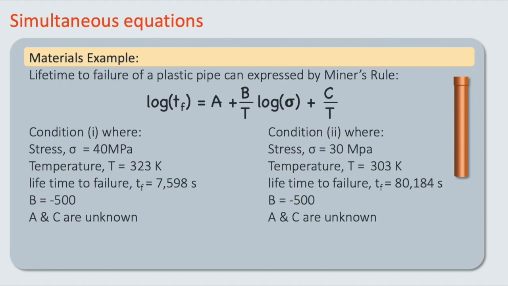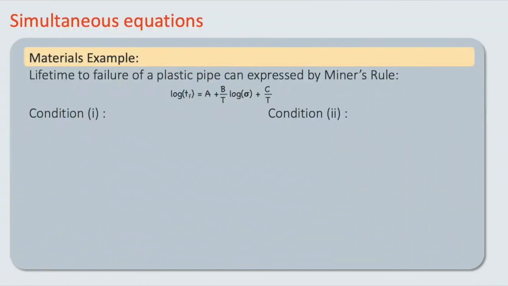Now that we've confirmed that all the units are correct for the Miner's rule, we can insert these values into the expression, and that will result in two equations with two unknowns. The Miner's rule expression is displayed. Let's consider the known parameters for operational condition 1 and insert these into the expression.